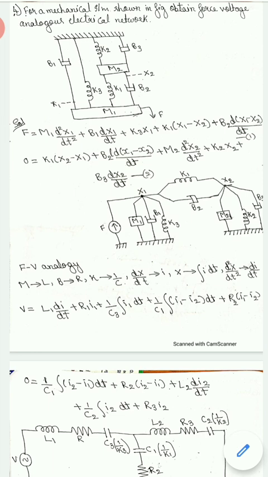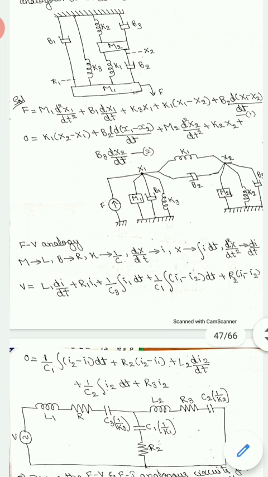F is equal to m1 d square x1 divided by dt square plus b1 dx1 divided by dt plus k3 x1 plus k1 open bracket x1 minus x2 close bracket plus b2 d open bracket x1 minus x2 close bracket divided by dt. We have written the equation for x1.